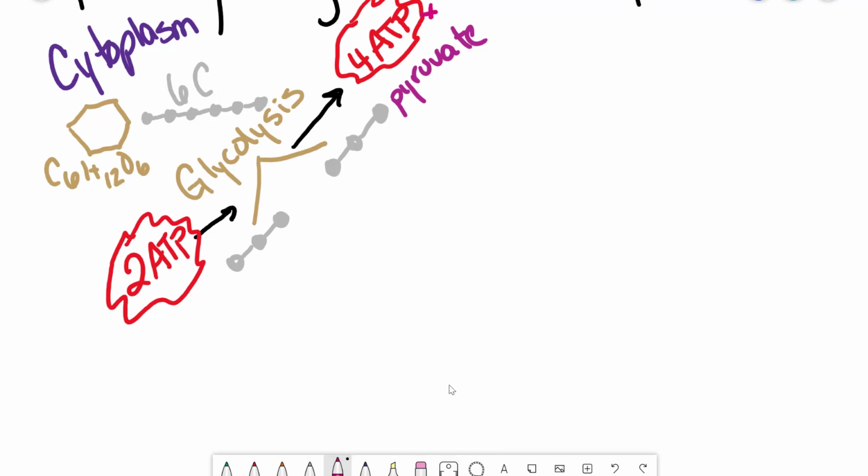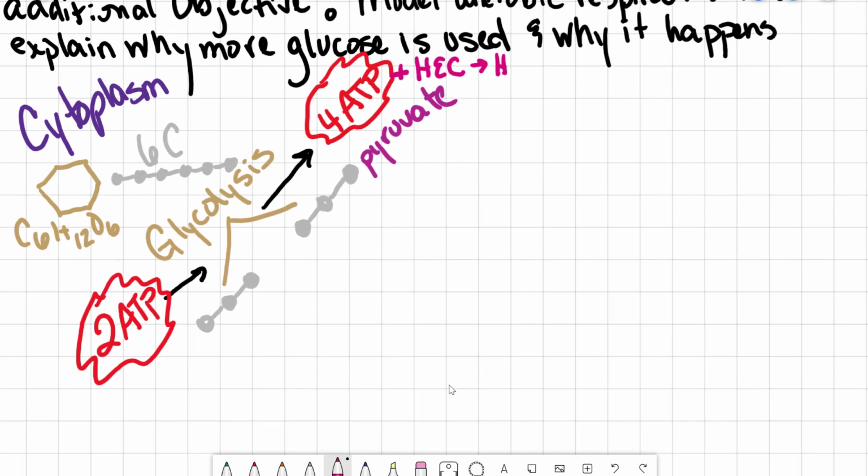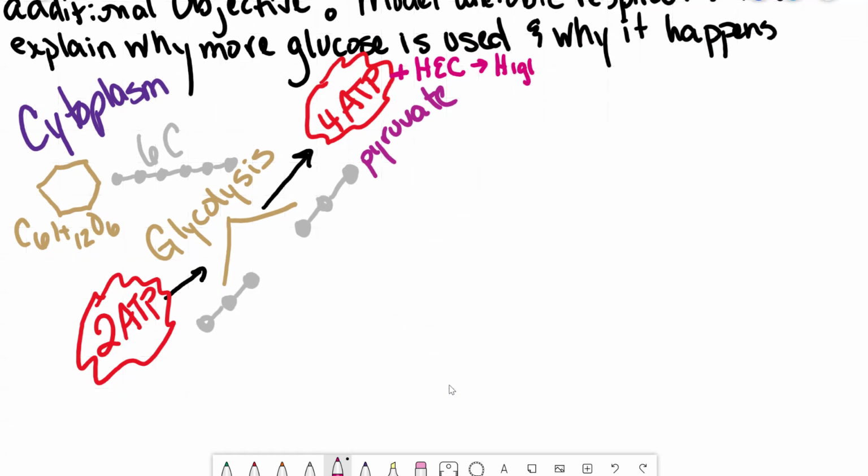And I didn't leave a lot of room. Plus high energy compounds, HEC, high energy compounds. All right, now these are going to be very important later because they're going to contribute a lot of hydrogen that we need. Okay, so that's glycolysis.